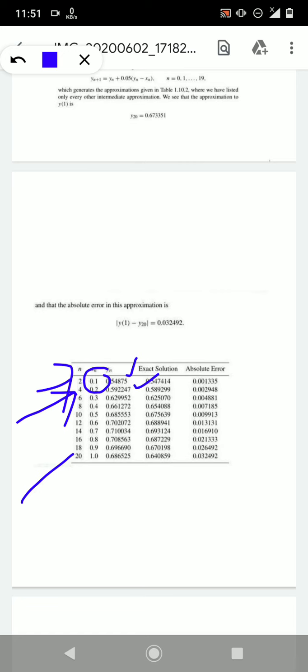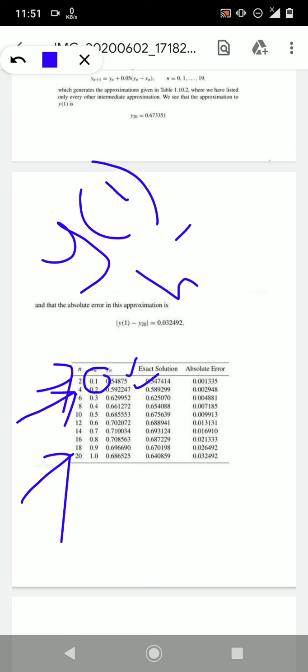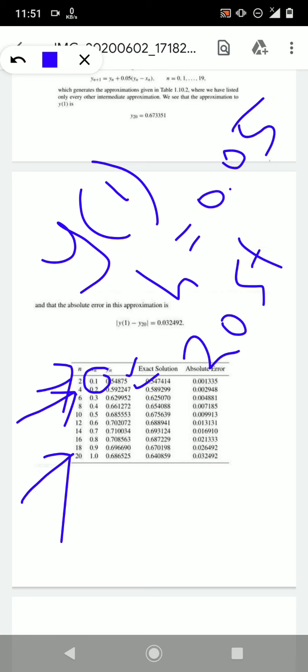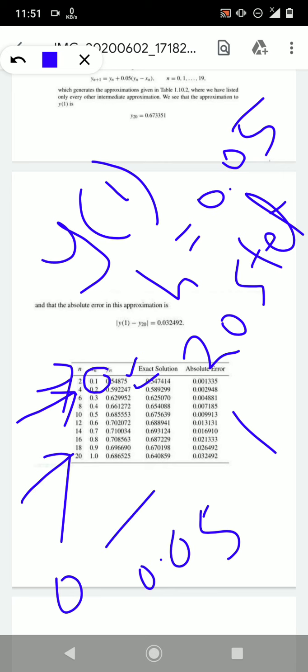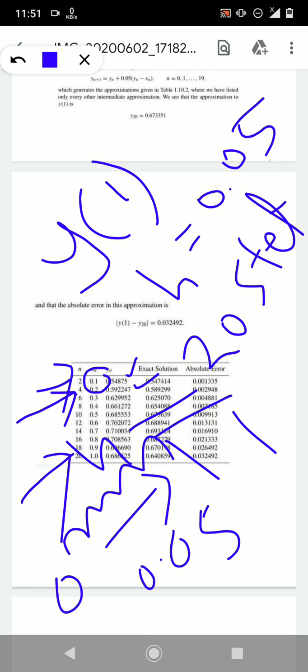And for the last one, the 20th approximation, we will get y of 1, since h is equal to 0.05. So we need 20 steps to reach 1 from 0, with each step value equal to 0.05.